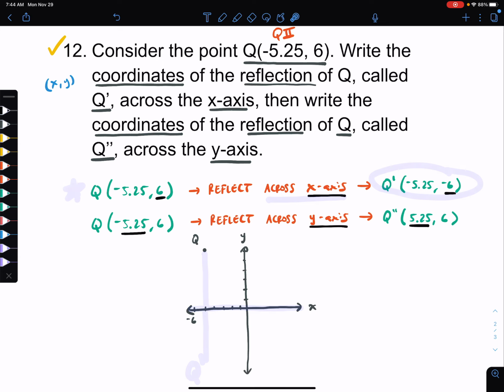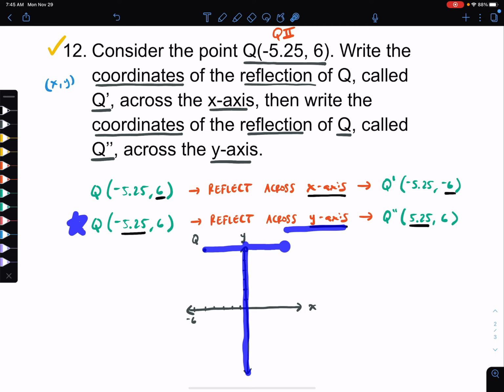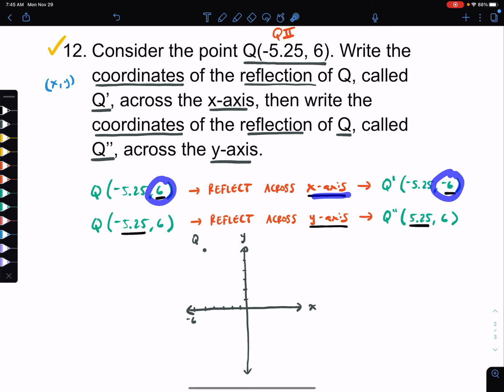Now for the second one, we're going to reflect this across the y-axis. So that's this line over here. You see how far to the left the Q is. So Q double prime is that many units to the right of it. Notice how the x's flip here. When you're reflecting across the x-axis, flip the y's, those are opposites. And when you reflect across the y-axis, write the opposite of their x values.